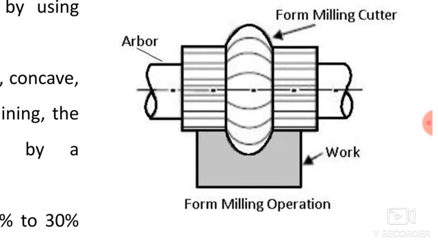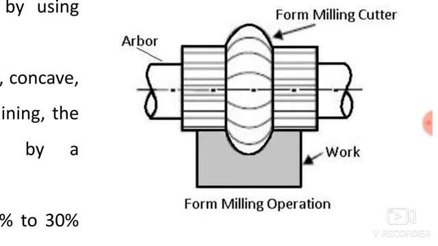The form milling cutter is mounted over the arbor, and you can produce an irregular shape with this operation. The operations we have discussed till this slide can produce only flat surfaces, we cannot produce irregular surfaces, whereas with form milling we can.